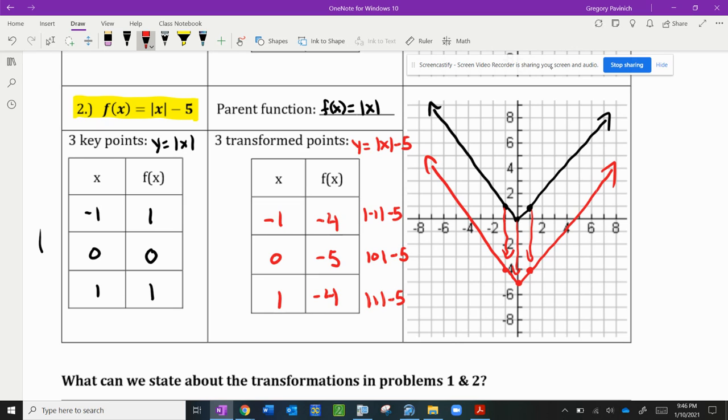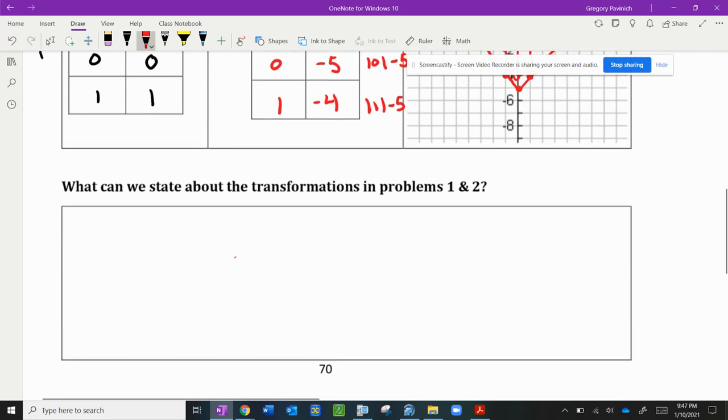So if I could have pulled my black graph, the parent function, the absolute value of x, down 5 units, it would land right on top of this transformed absolute value of x minus 5. So what can we state here?